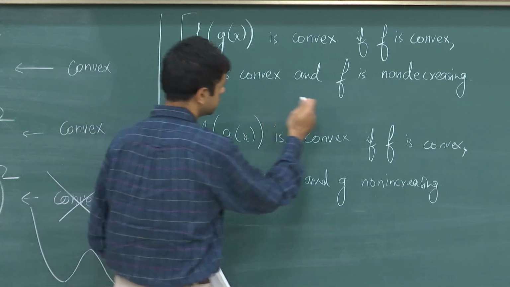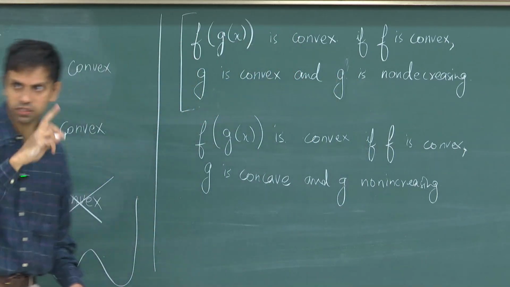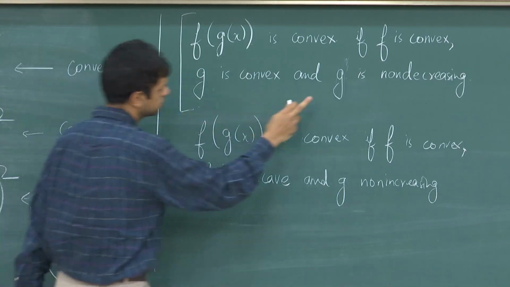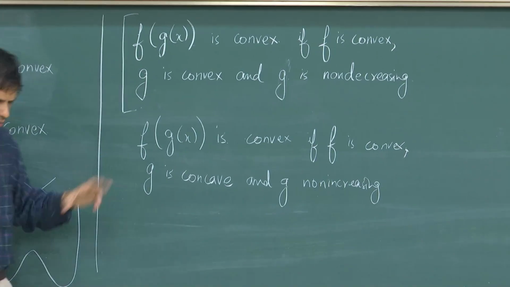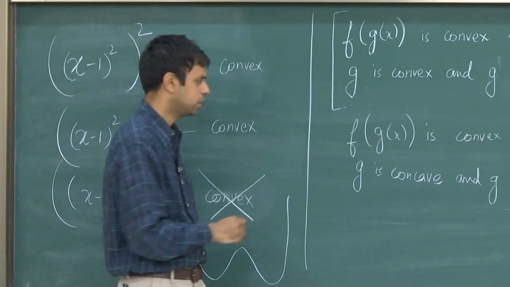So this also is in fact I think g, not f, so we can check. So in both cases, it is the monotonicity of g which is important, okay. I may be wrong, but we can double check, okay.